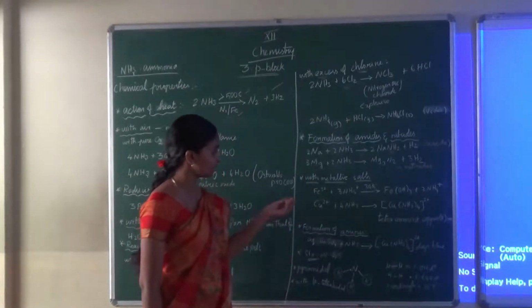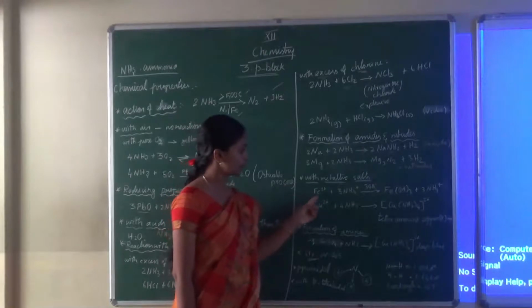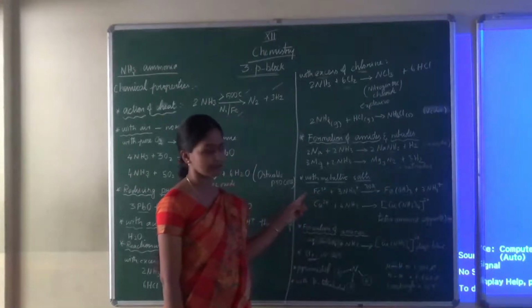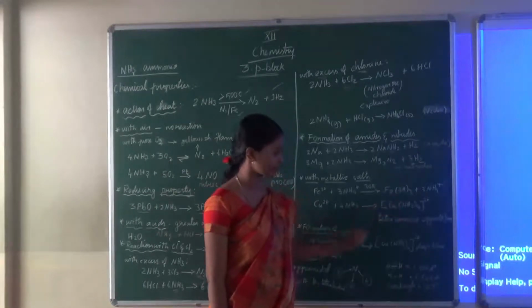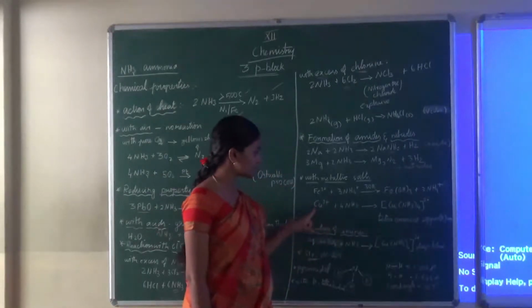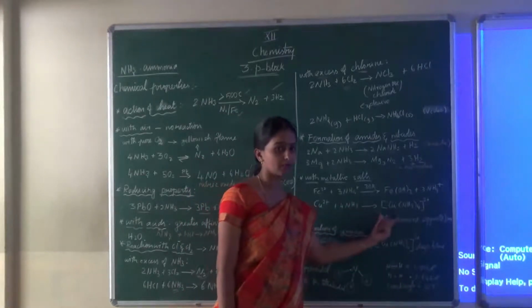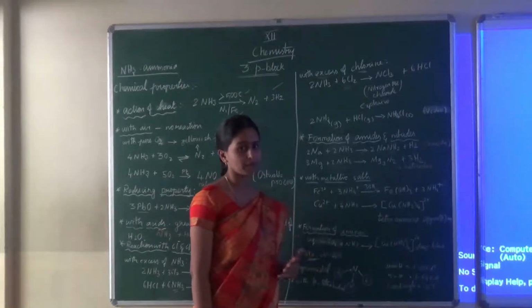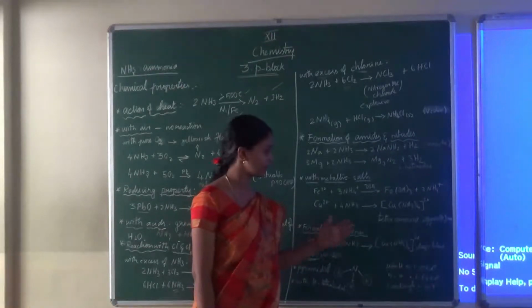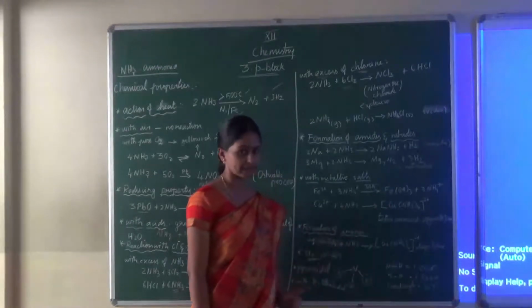When this ammonia reacts with these metallic salts, with ferrous like ions, it produces ferrous hydroxides. Hydroxides are the products. When it reacts with copper, it produces complex compounds, coordination complex compounds. In the 5th chapter we are going to learn in detail about this coordination complex, how ammonia can act as a ligand.